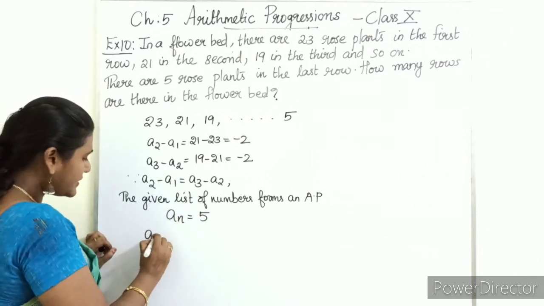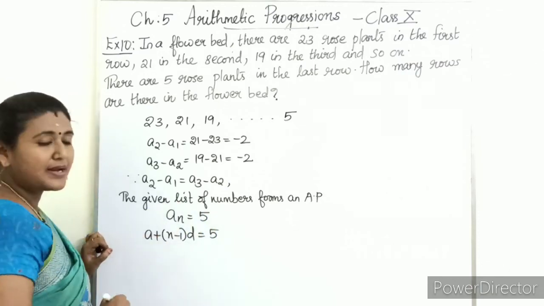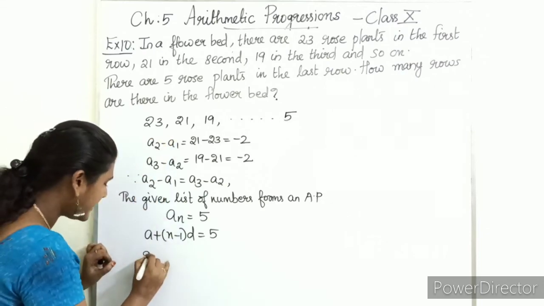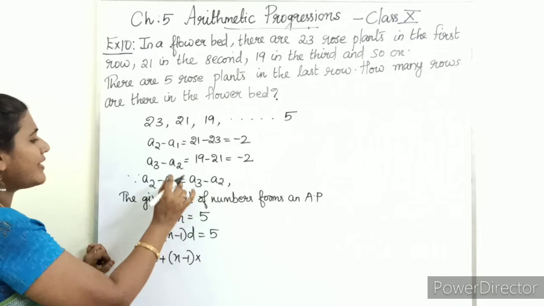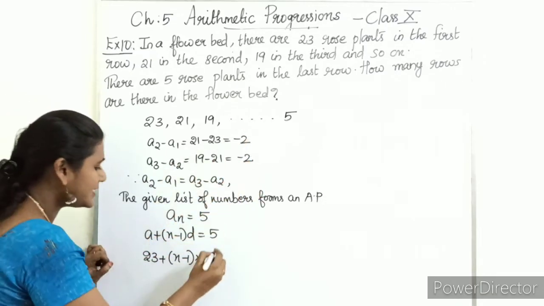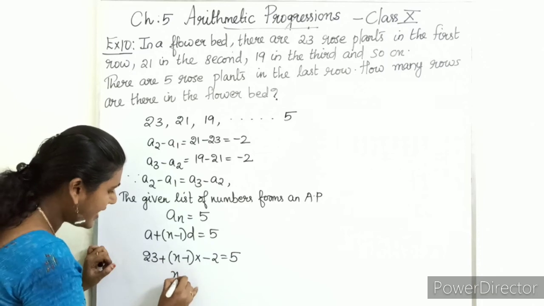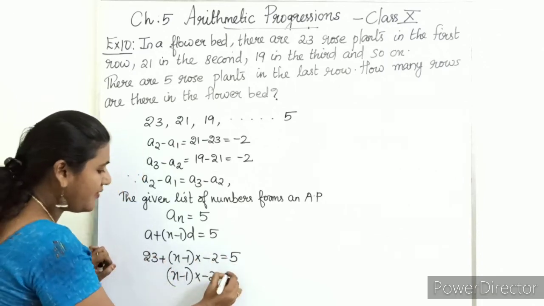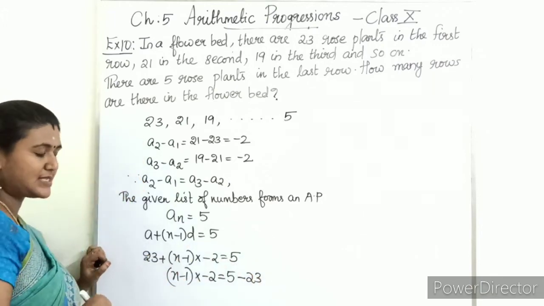Now in the place of an, we will use the formula, that is a plus n minus 1 into d. What is a here? A is the first term, that is 23, plus n minus 1 into d. The common difference is minus 2, equal to 5. This 23 will go to this side, so you will get minus 23.